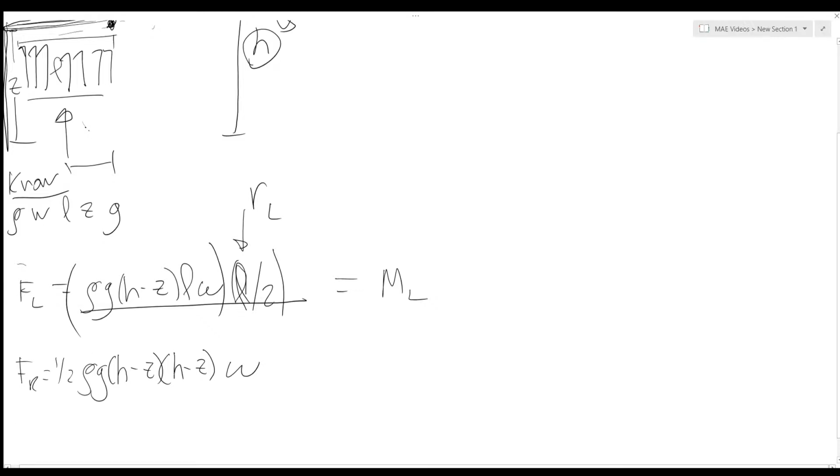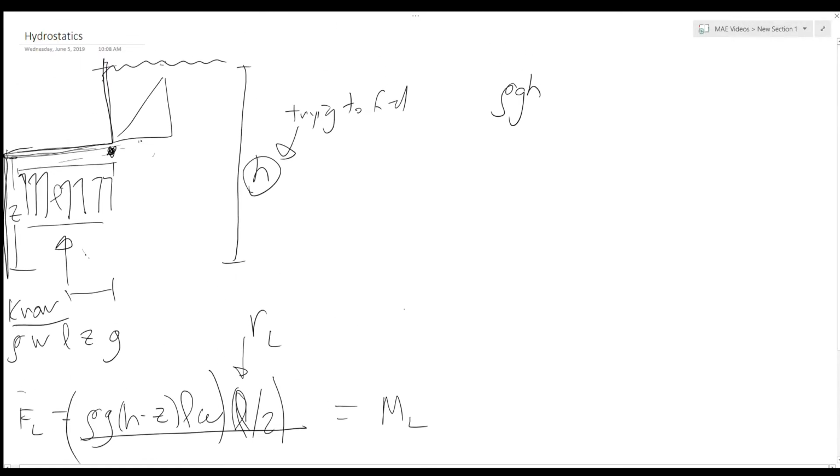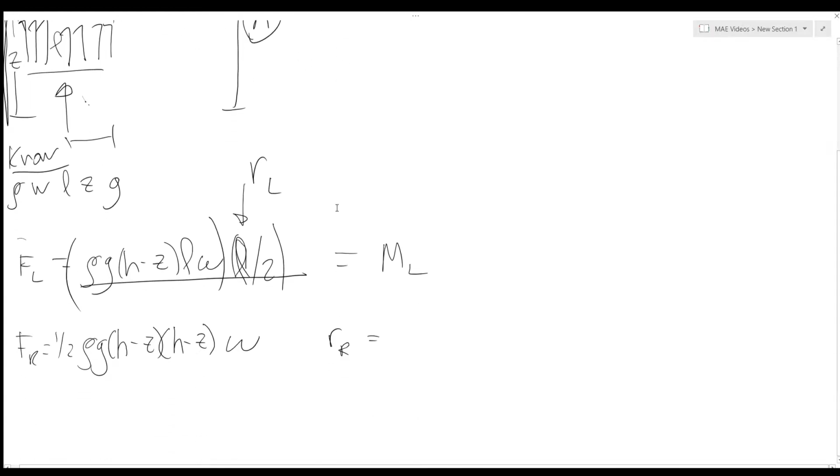And then our R, again because we're trying to find the overall applied force, we know it's applied at the centroid of this distribution, which is 1/3 from the fulcrum. So that'd be 1/3 times (H minus Z).